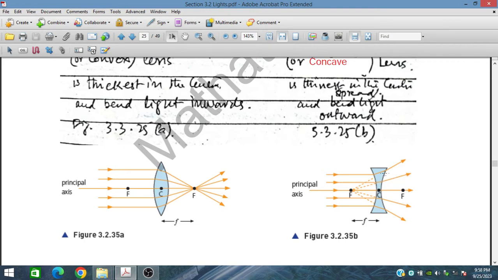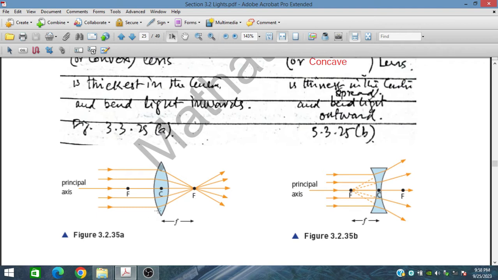So this is called a diverging lens or concave lens. This is thinnest in the center and thickest at the outer side. Here this is thickest at the center and thinnest on the outer side.